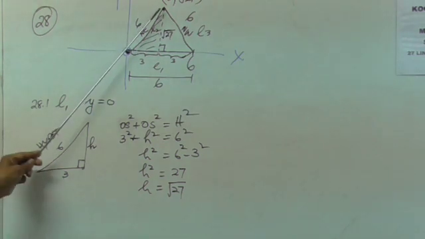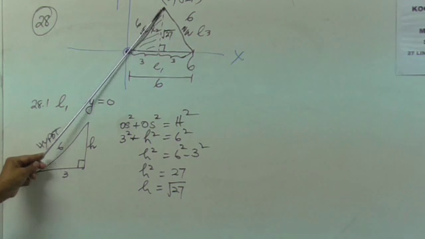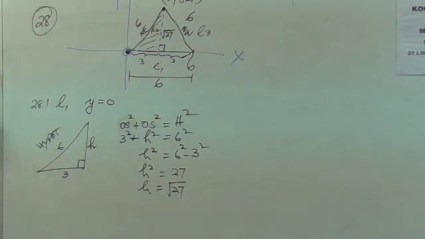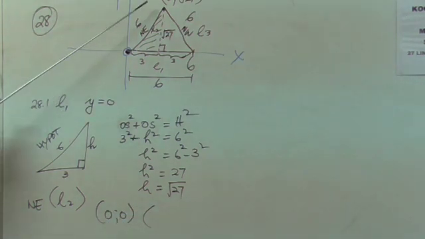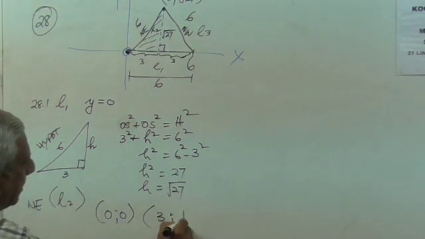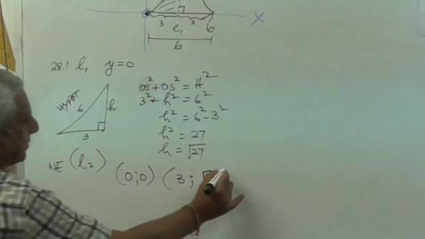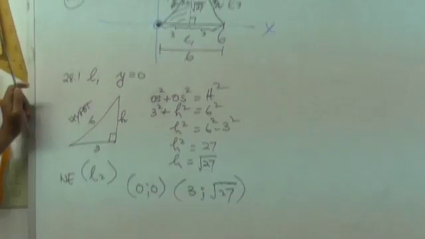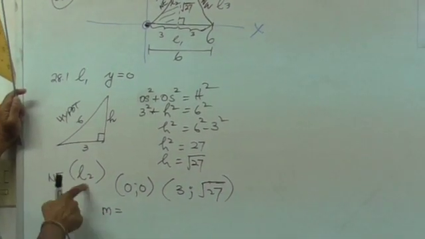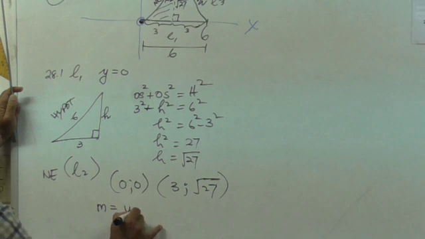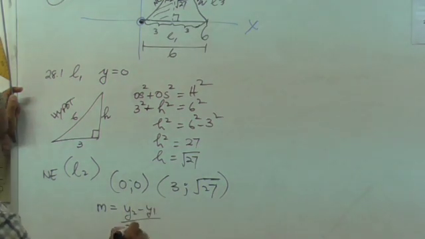Now, to find the gradient of this line, the northeast line or line 2, it's passing through (0, 0) here, and it's passing through (3, root 27). So you can find the gradient of this line. The gradient of this line, I'm dealing with line 2, is y2 minus y1 over x2 minus x1.